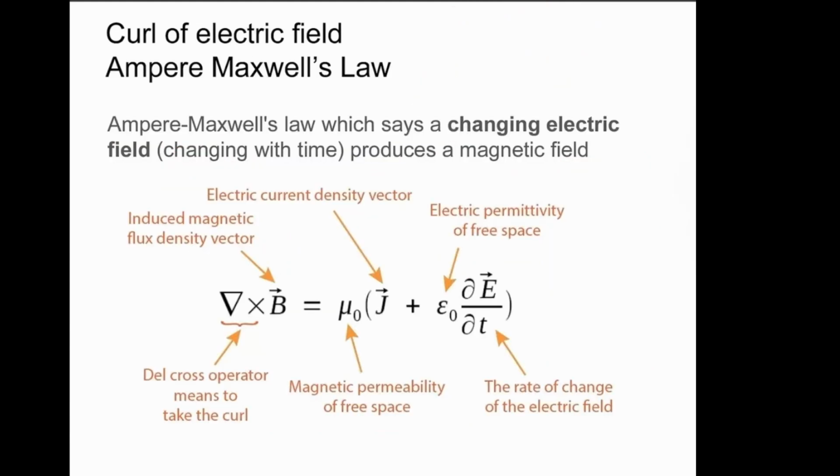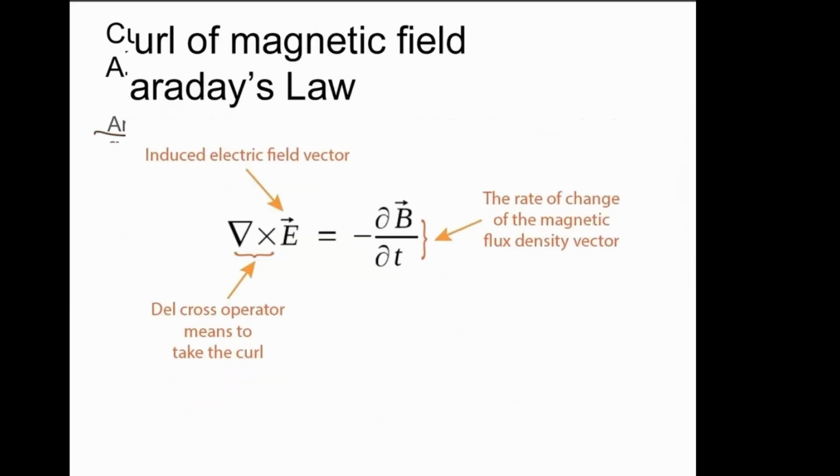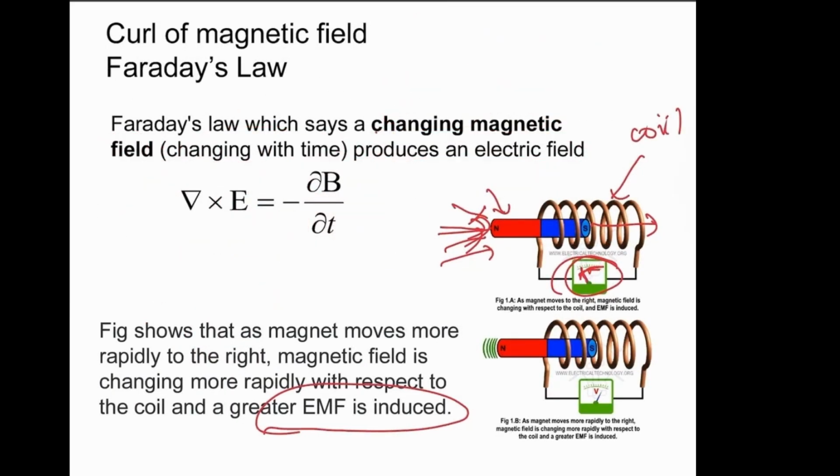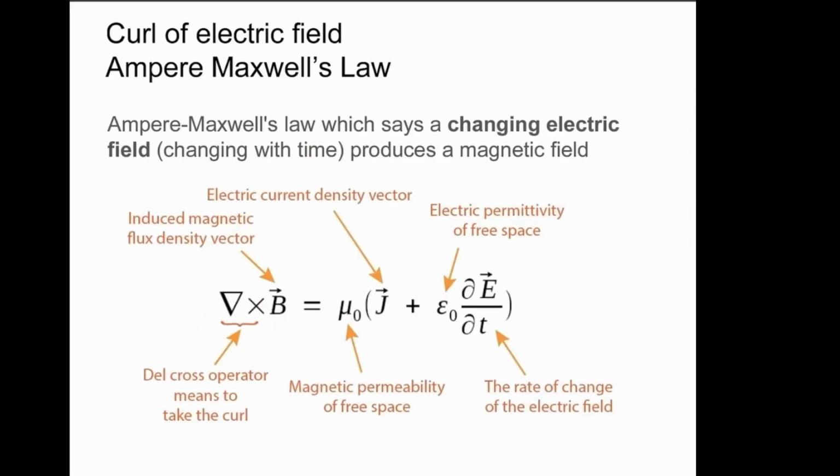The next is Ampere's Maxwell law. It says the changing of the electric field produces a magnetic field. This continues from Faraday's law. Faraday's law says a changing magnetic field produces an electric field. Ampere's second law says that a changing electric field can produce a magnetic field.